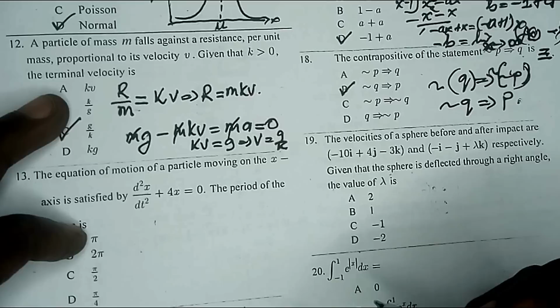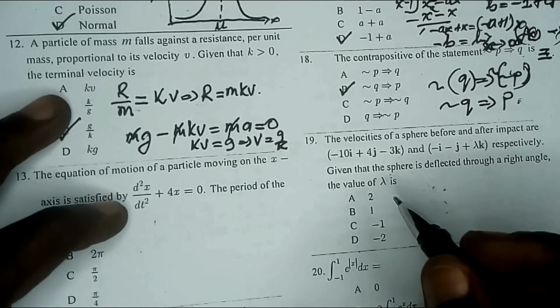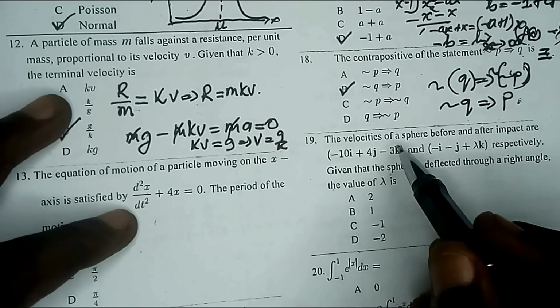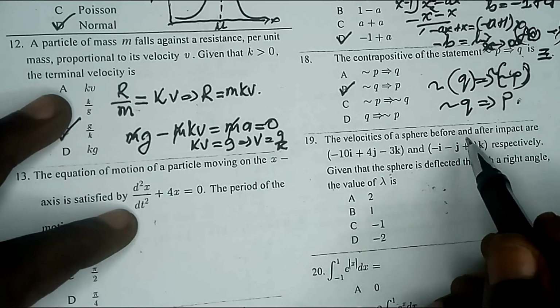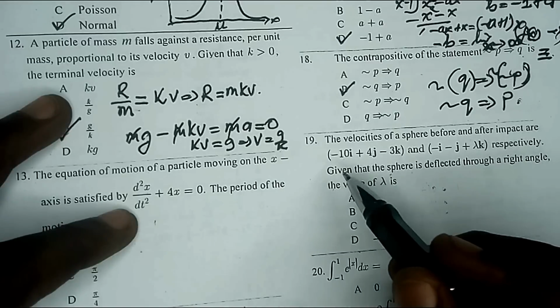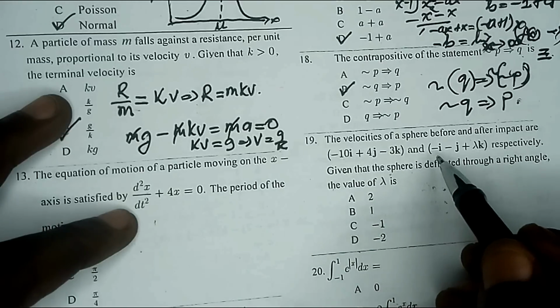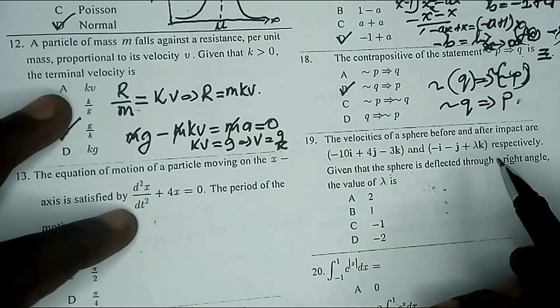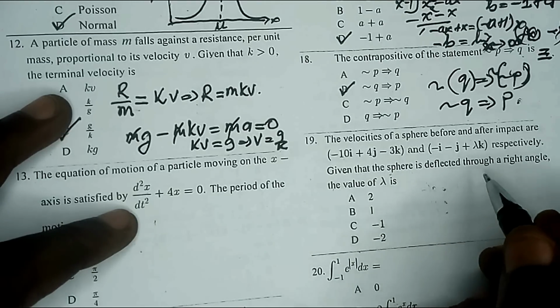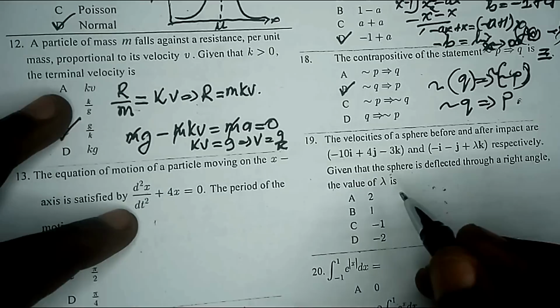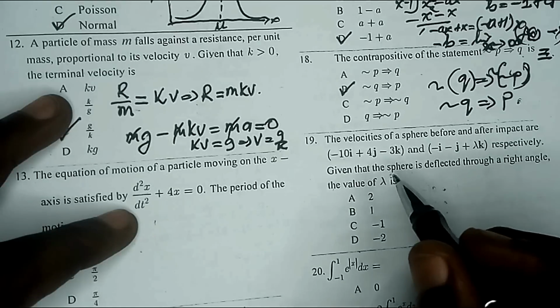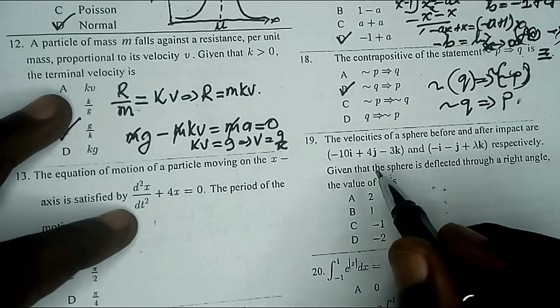In number 19, the velocities of a sphere before and after impact are this and this respectively. Given that the sphere is deflected through a right angle, the value of lambda is this.